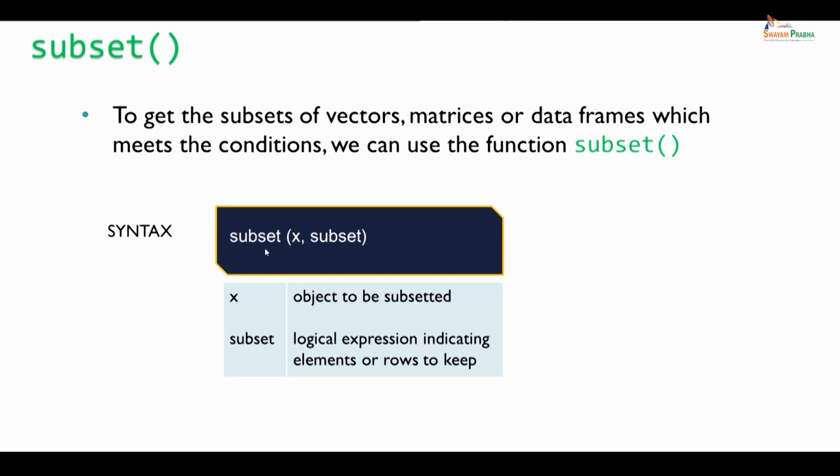Subset is the function. Inside the function, the first argument is the object that is to be subsetted. The next argument is the subset, which is the logical expression which indicates whether the elements or rows to keep or not. This is the overall view of the subset function. Now, let us see how to implement that in R.